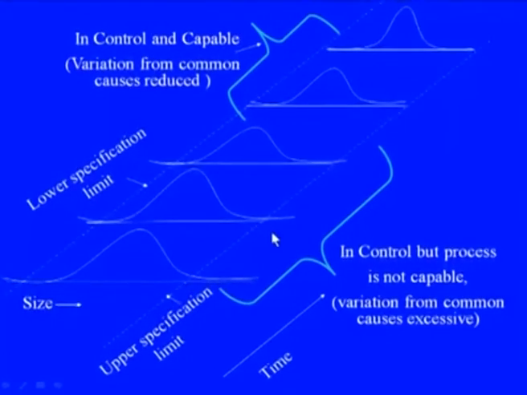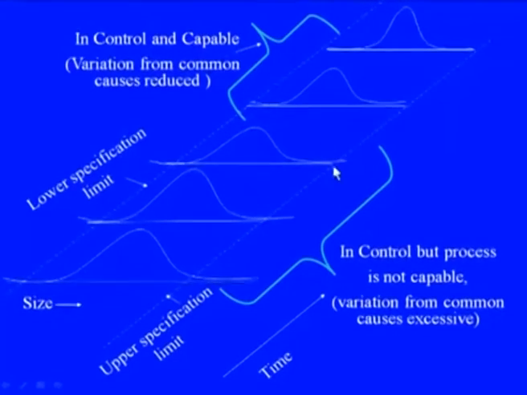Now, here we have seen the curve is going away slightly. That means we can interpret this. In this case also, although it looks like within this, there are little variations.